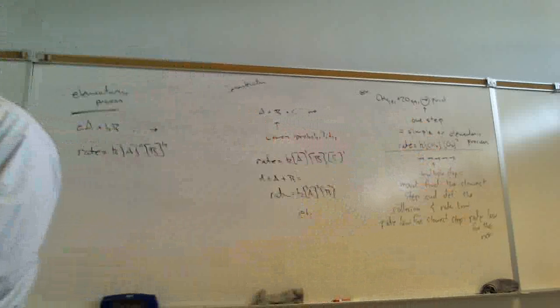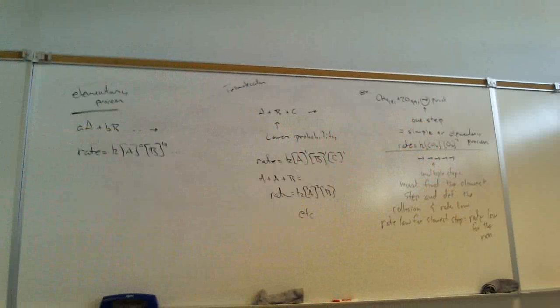So let's take a look at some examples of this. Maybe just your book. We're going to look at some simple two-step mechanisms.